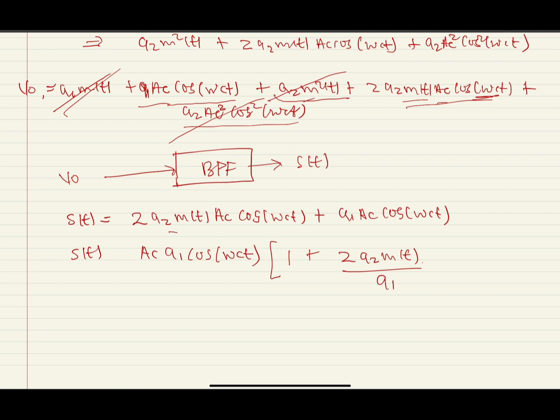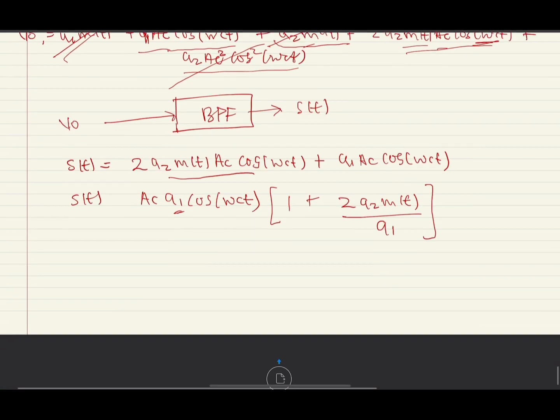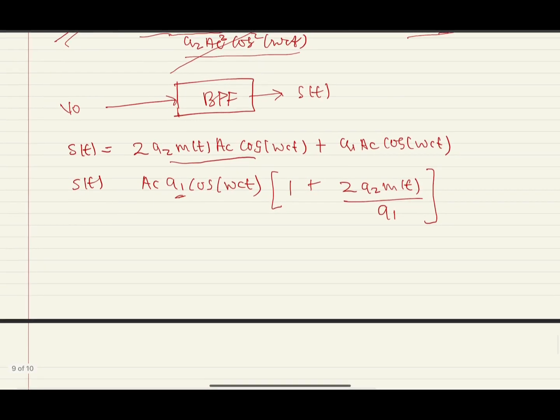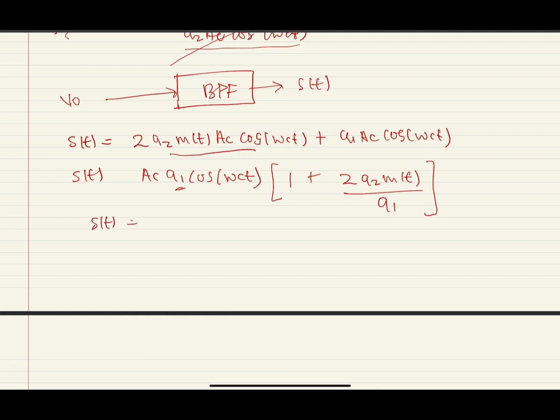Remember that there's no A1 component here, so if I'm factorizing A1 out, I need to bring some down here. This is how the simplification will be, and then my final expression, we can make it as AC A1 into brackets 1 plus 2A2 over A1 M of t, and then cos omega ct.